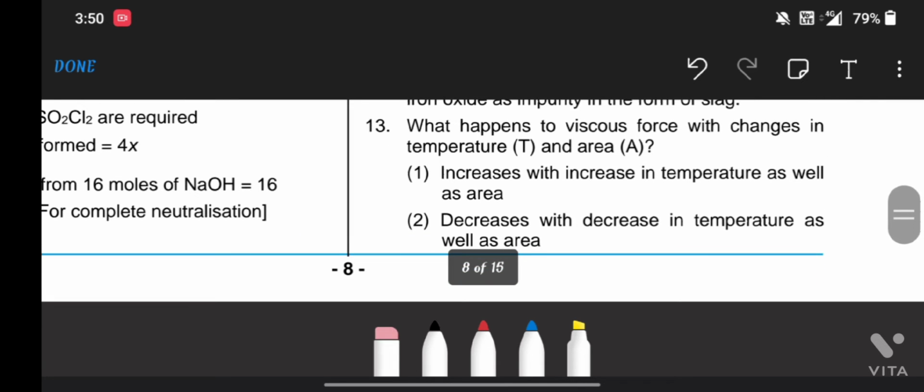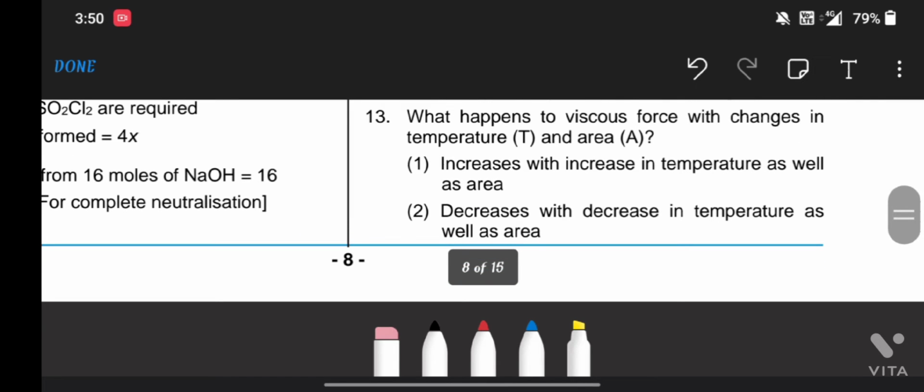Let us move to our next question, question number 13. They have asked what happens to the viscous force with changes in temperature and area.